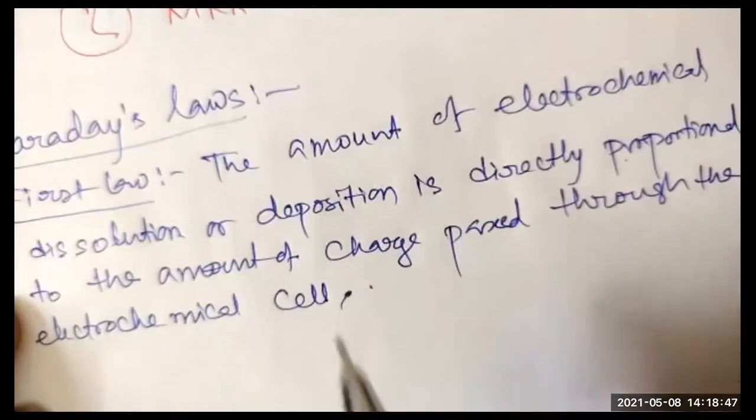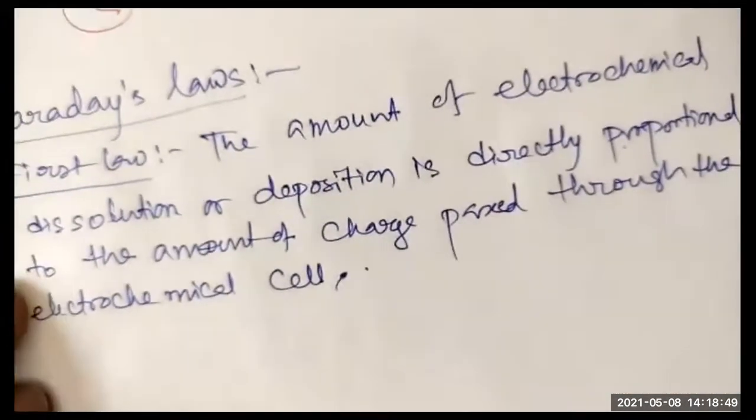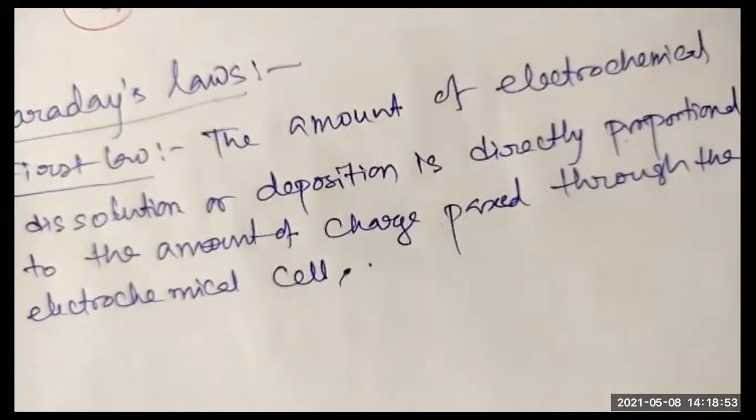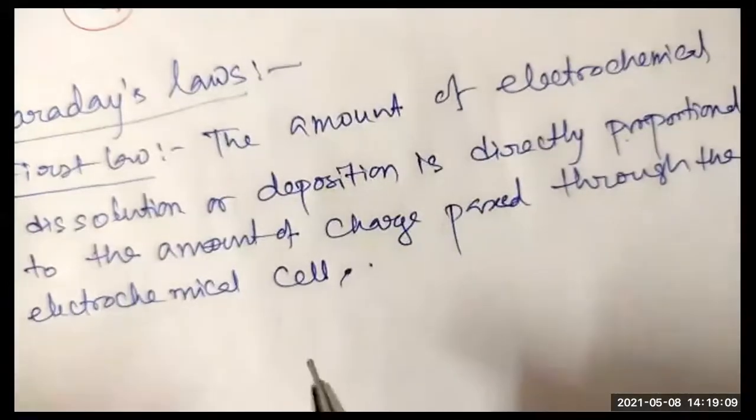So this is Faraday's first law. Okay, that means the battery which we are going to use in the ECM process will play a significant role. Now, what is the meaning of it?